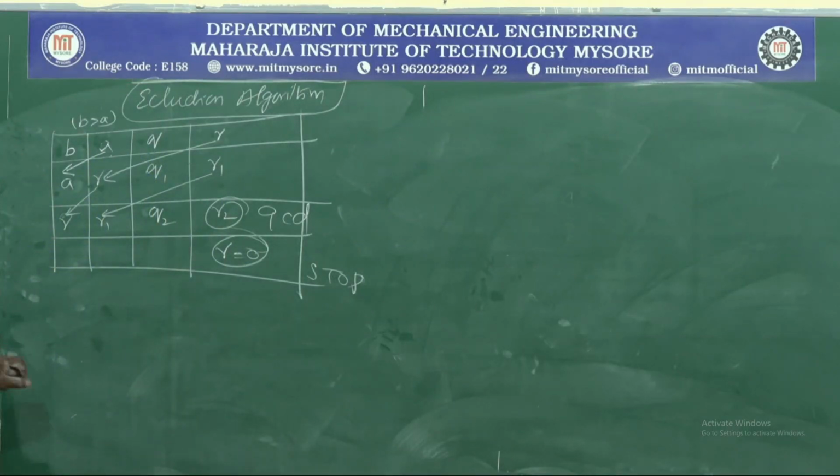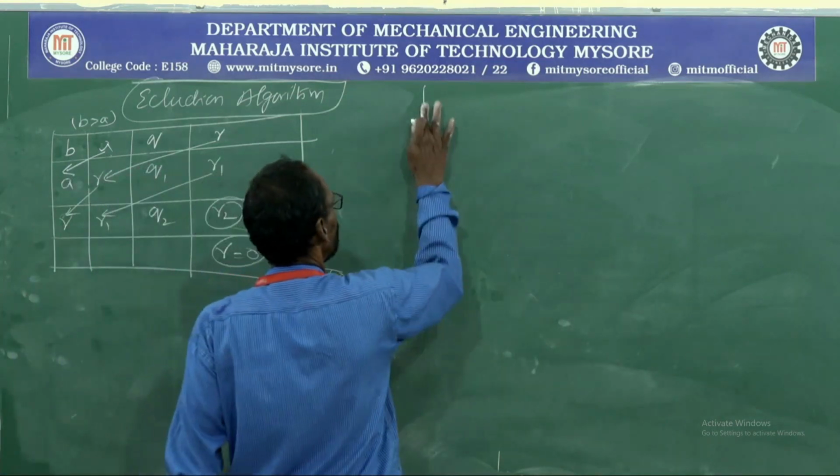It will be applied when the given pair of numbers are too large, and it is used to evaluate the GCD of the given pair of numbers. I'll show you an example.